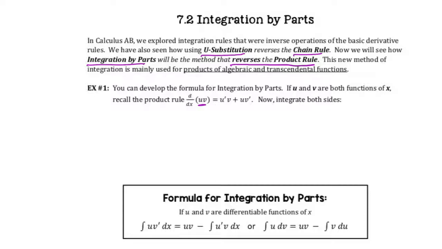So in other words, I'm going to have the integral of d/dx of uv dx is going to be equal to, and then we're going to integrate all of this other side.